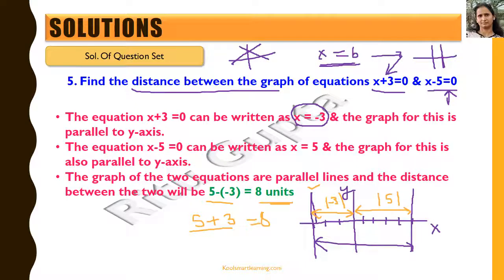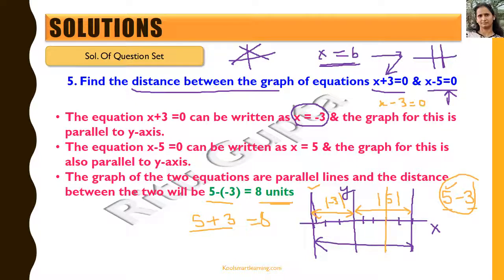Now it is important to understand here, if we were to plot a graph between x minus 3 equal to 0 and x minus 5 equal to 0, then the graph of x minus 3 equal to 0 would be this side. Since they are on the same side of the y-axis, we subtract the absolute value of the smaller one from the absolute value of the bigger one to get the distance.